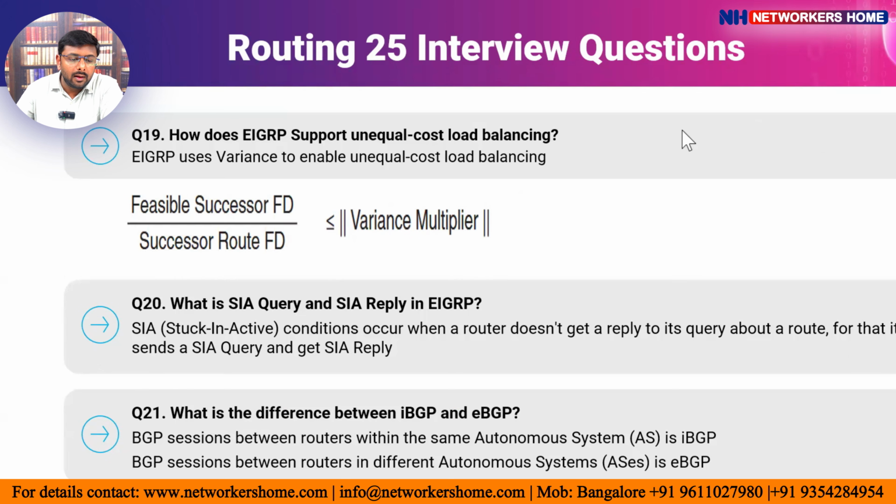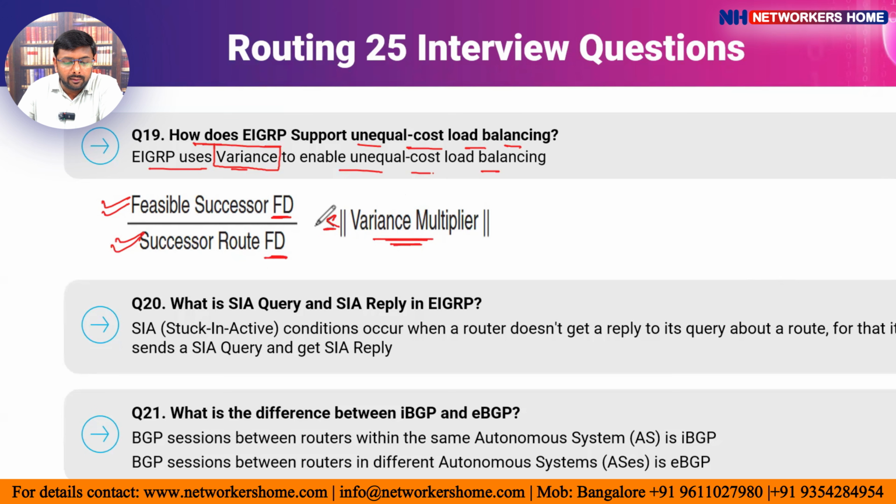Next we have, how does EIGRP support unequal cost load balancing? To support unequal cost load balancing, EIGRP uses variance. And what is this variance multiplier? The feasible distance of the feasible successor divided by the feasible distance of the successor route should be less than or equal to this variance multiplier.